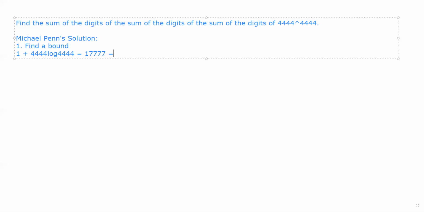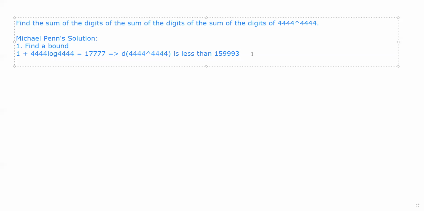And this implies that the digit sum of 4444 to the power of 4444 is less than 159993, because when you multiply this by 9, you get 15993. Okay.